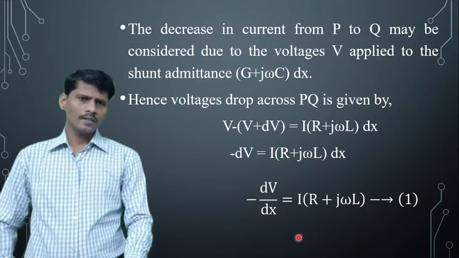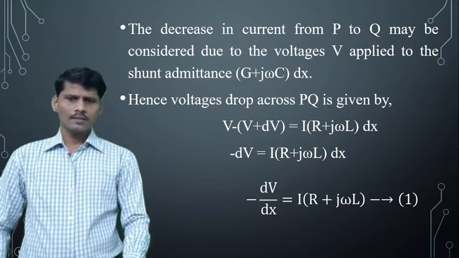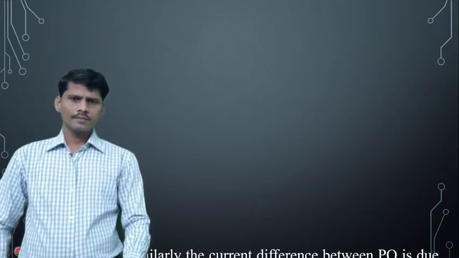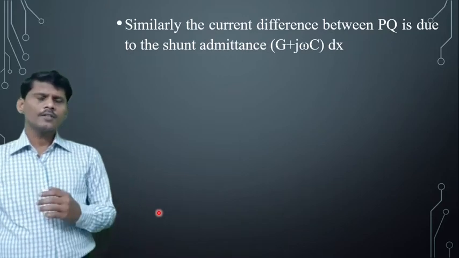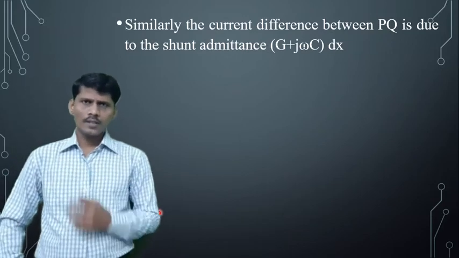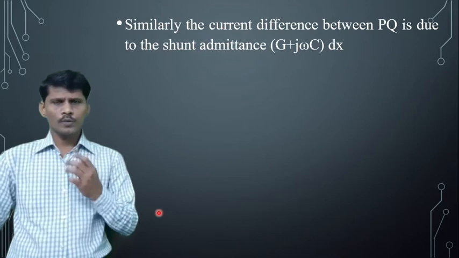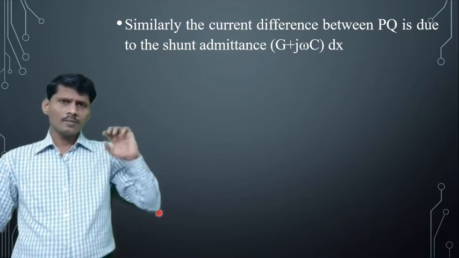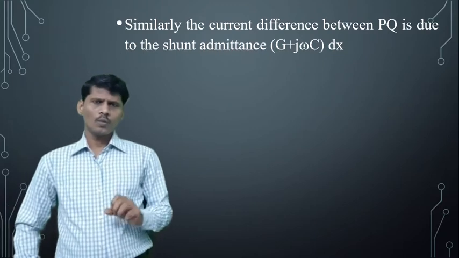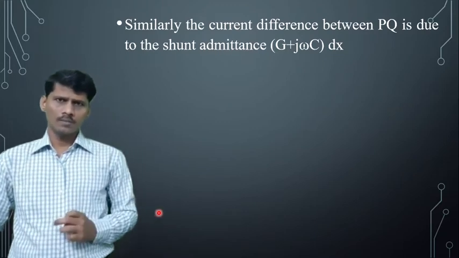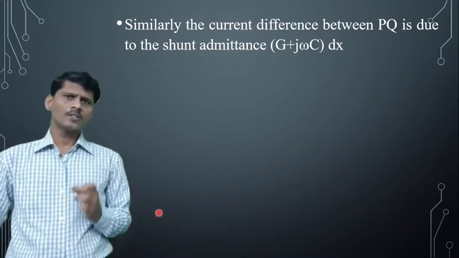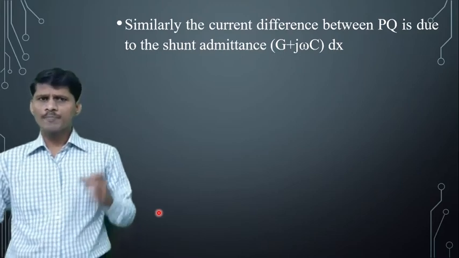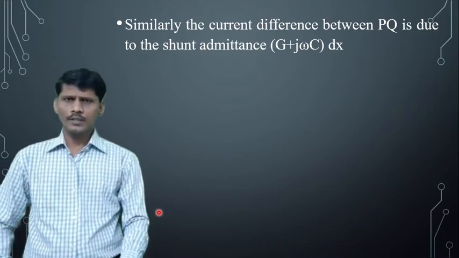Similarly, the current difference across PQ equals the current through the shunt admittance, which is the voltage across it times the admittance of the short section, (G plus j omega C) into dx.